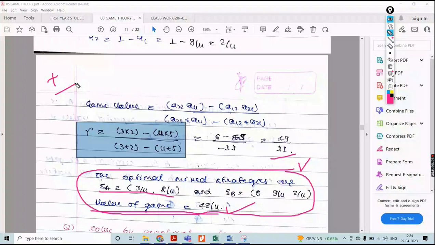Remember the methodology. If you do not remember the methodology, obviously you will feel difficult with respect to the subject. I think it is clear. Any doubt, you can ask. Practice with different examples.